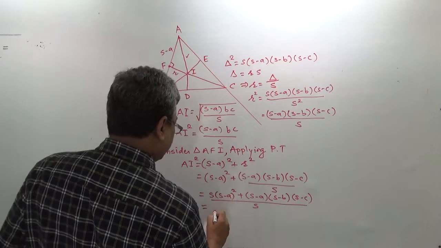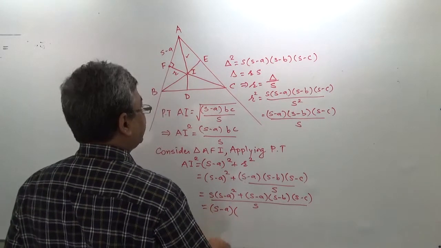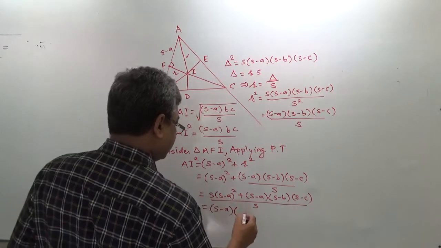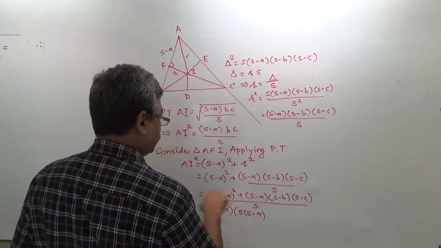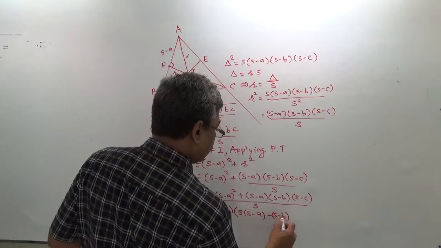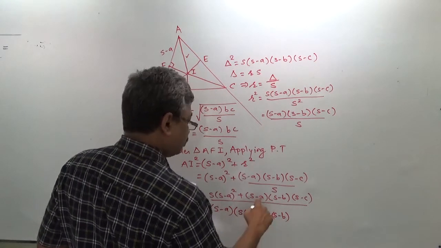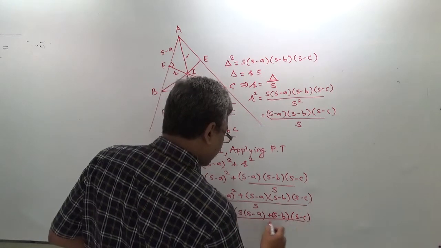So s minus a common. What will remain inside the bracket? s into one of the (s minus a)'s, minus (s minus b), plus (s minus b) into (s minus c) upon s.